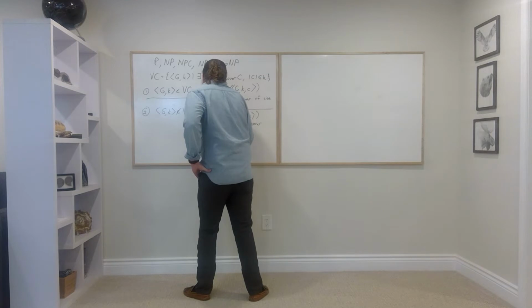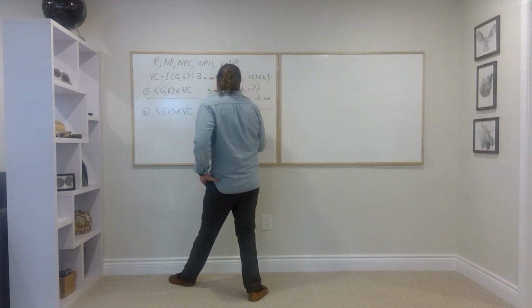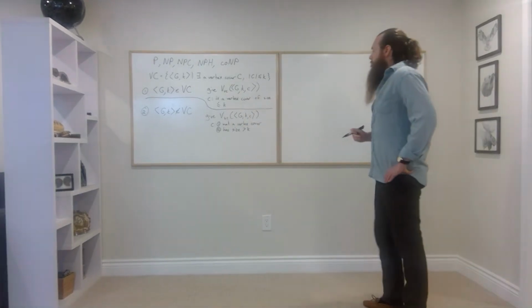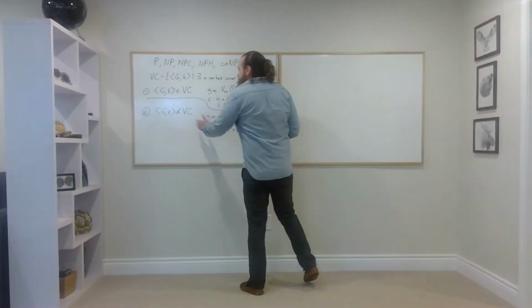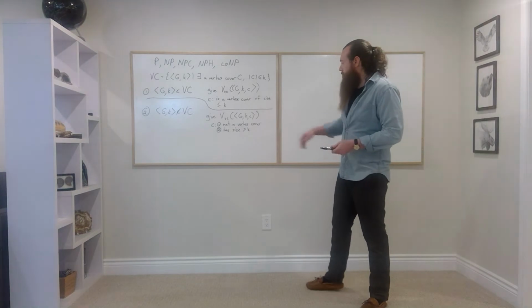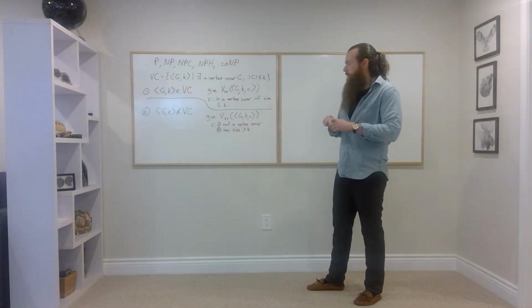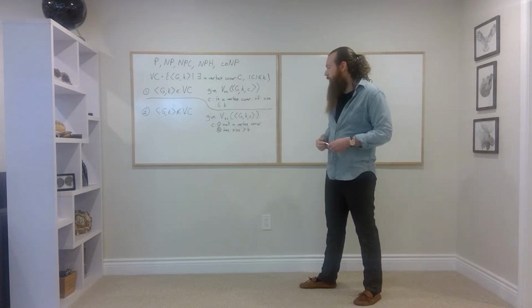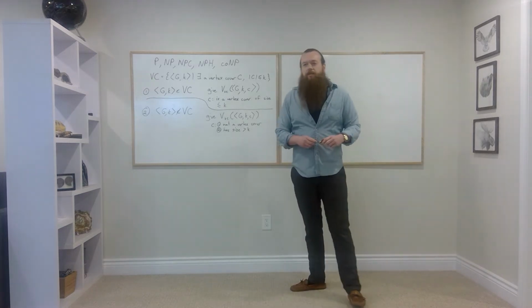Maybe a second case is C is a vertex cover but has size greater than K. So if G, K is not an element of VC, well then there definitely exist covers of this graph that aren't a vertex cover of size K or less. So yeah, I can first off give it something that's completely not a vertex cover. And I can give it a vertex cover that has size greater than K.